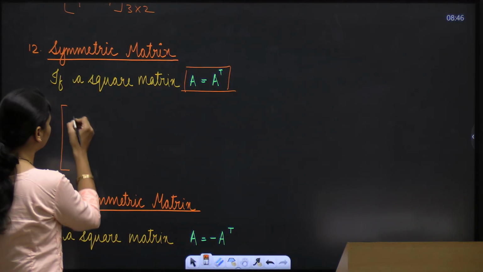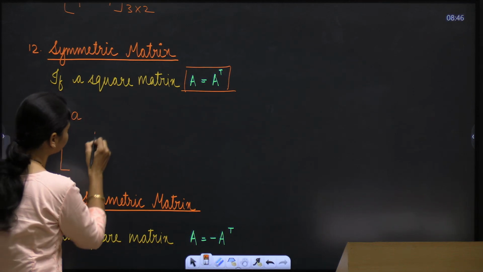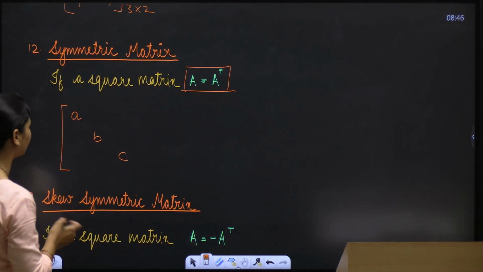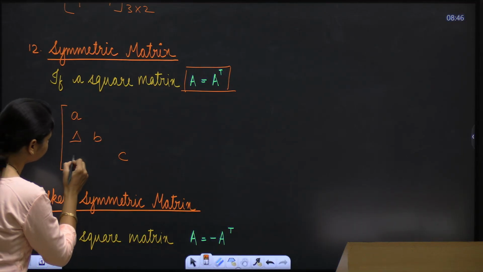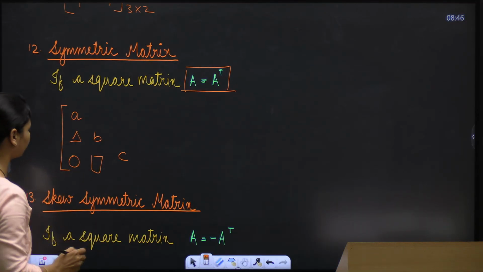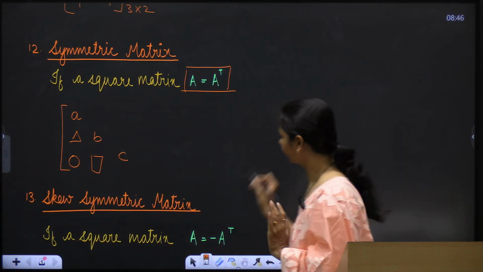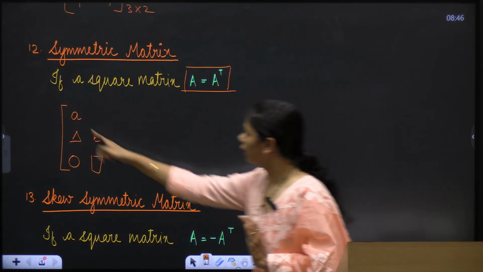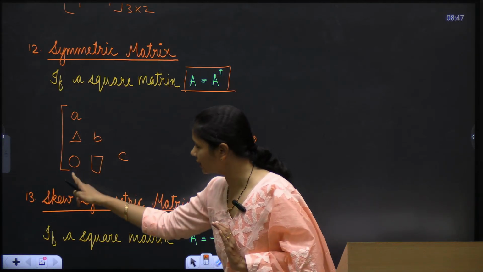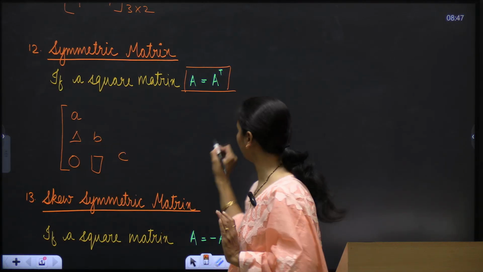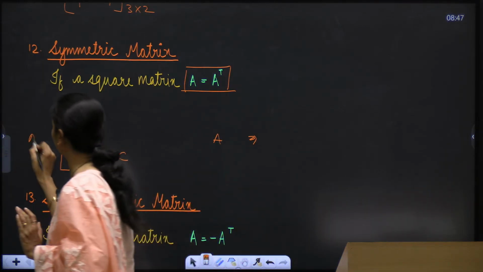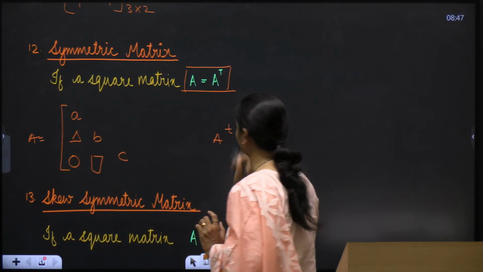So in that, suppose this matrix is here, okay. This is the A matrix and this is the A transpose matrix.